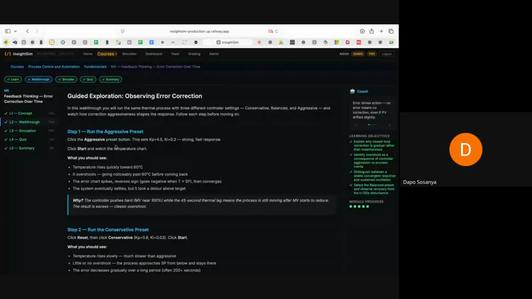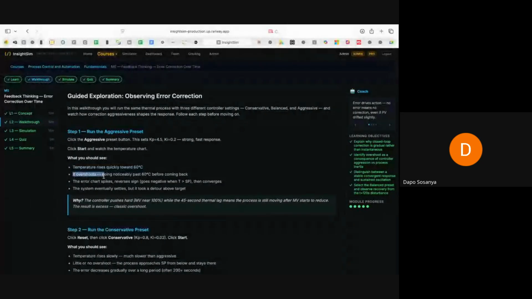We click the aggressive preset button. This sets the KP, the proportional term, to 4.5, and KI to 0.2, right? So you get a strong and fast response. You click start and watch the temperature charts. What you should see is the temperature rises quickly towards 60 degrees.